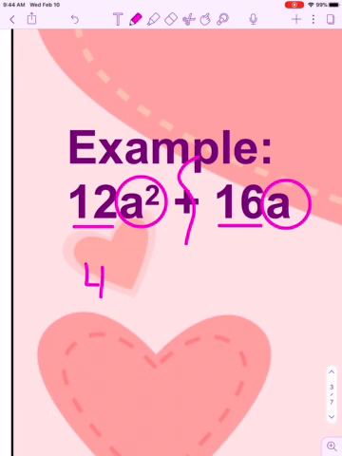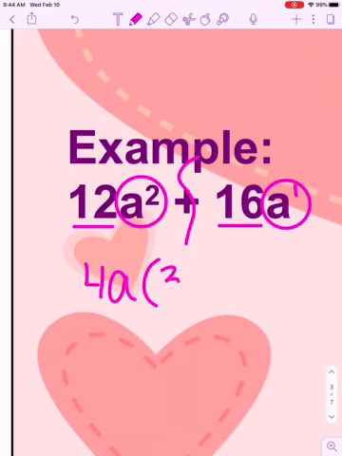So my first term could give me 2 A's if I wanted them, okay? But my second term only has 1 to give me. I can't take 2 away from there. So I can only take out 1 because together they only share 1, okay? So my greatest common factor is 4A. Once I figure that out, I put a parenthesis and I factor it out. I divide both of my terms by 4A.